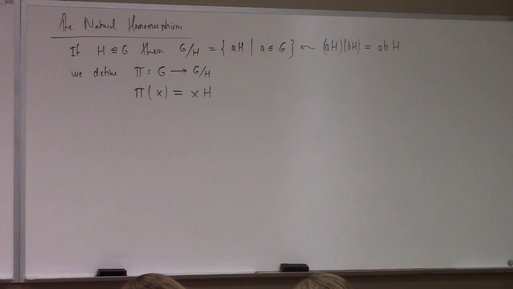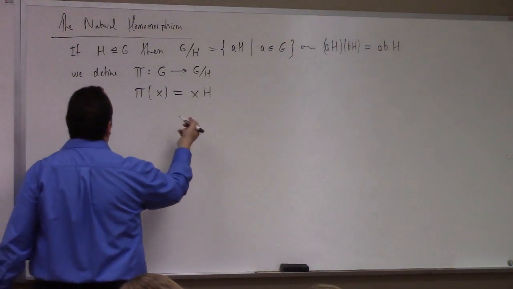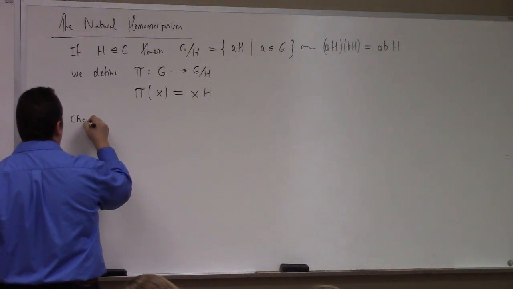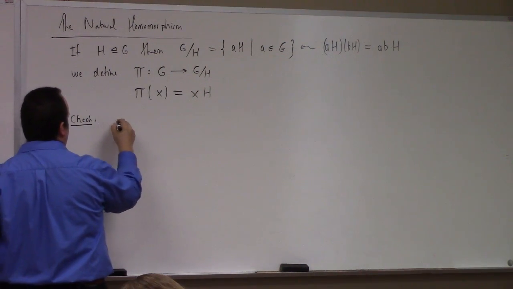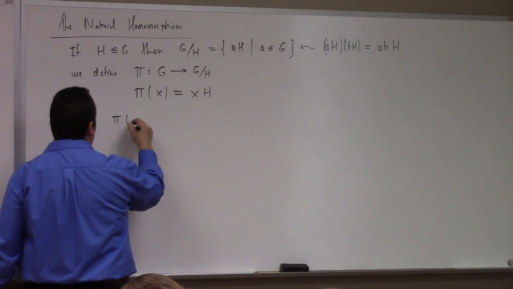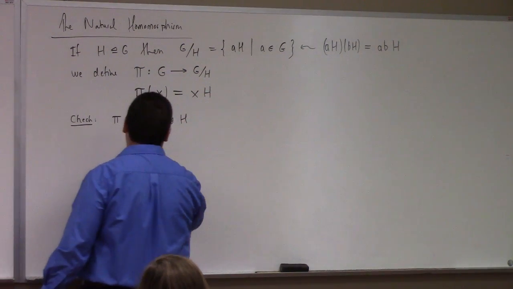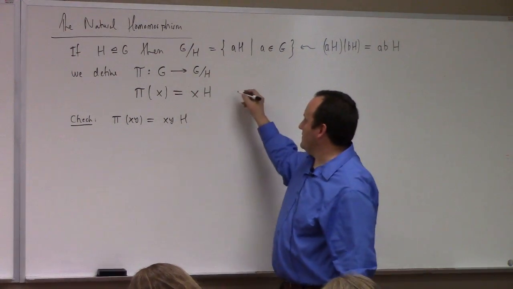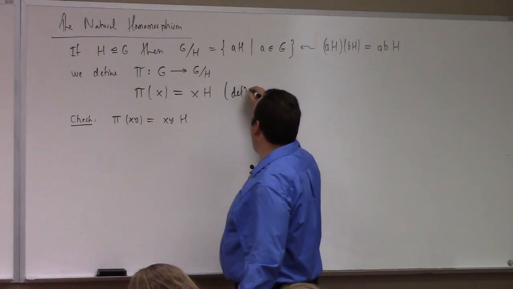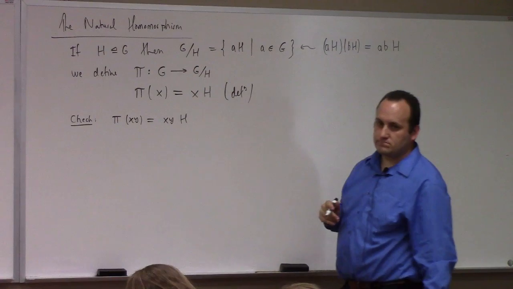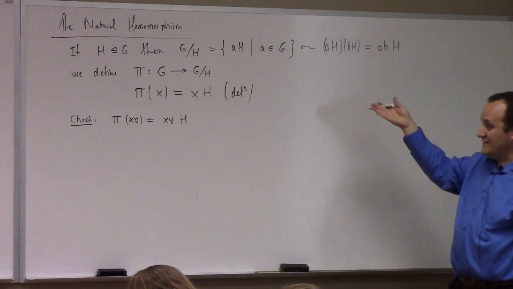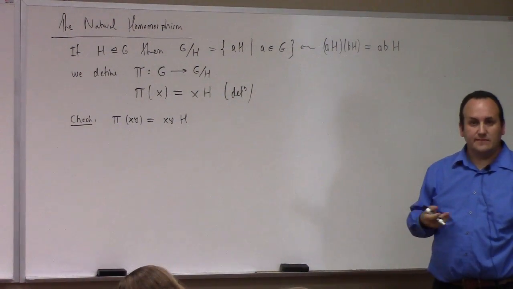To prove that this is a homomorphism is not hard. I'm calling it a homomorphism, but that doesn't necessarily make it so. If I do pi of xy, that's xyH by definition. First of all, it's clearly going into the set of cosets, since xH is a coset.